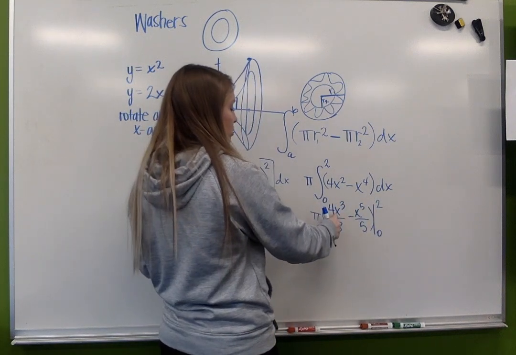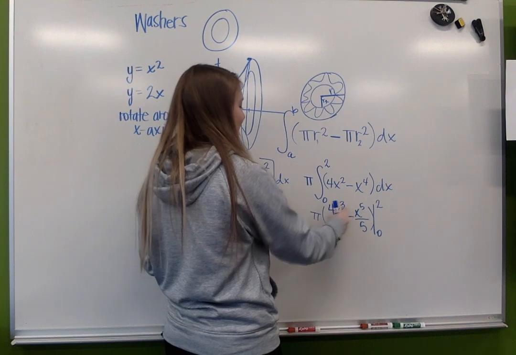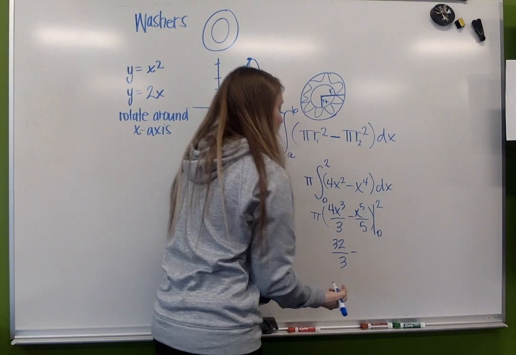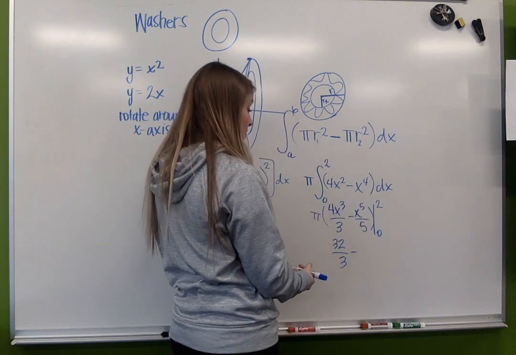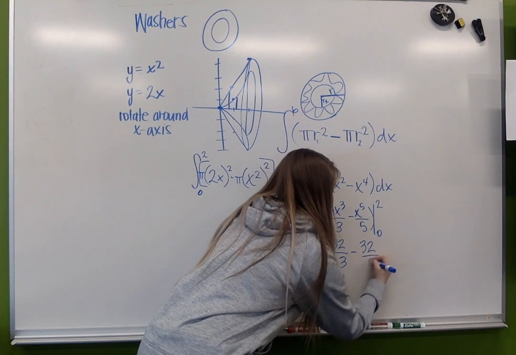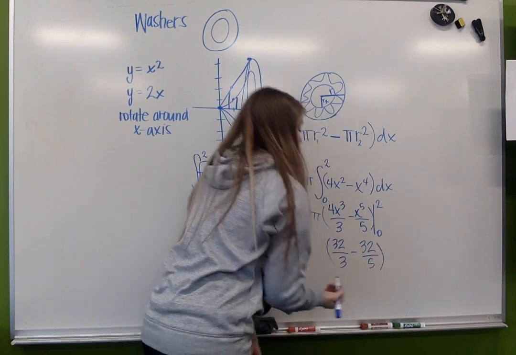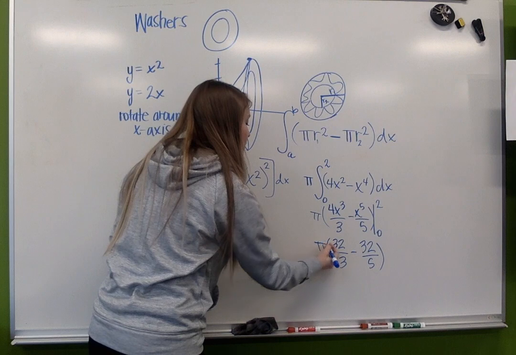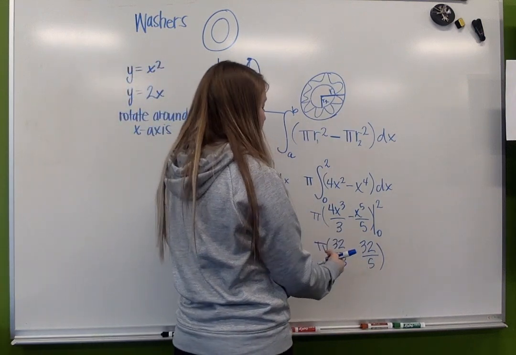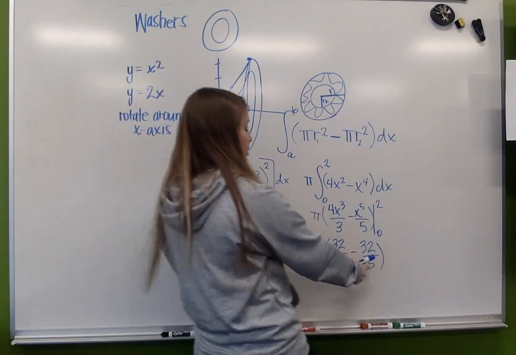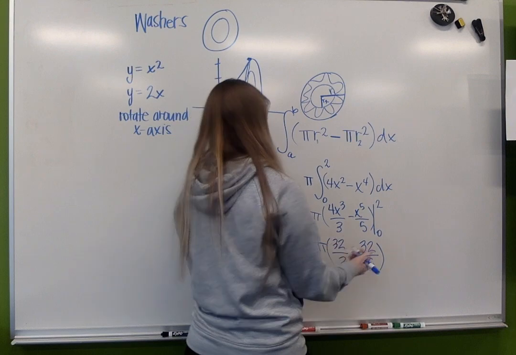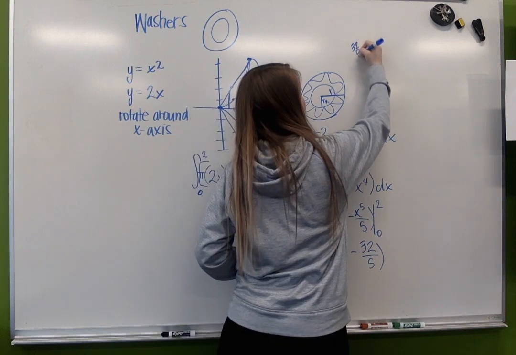If I plug in 2 cubed is 8, so this is 32 thirds minus 2 to the 5th is 32 fifths. All right, so I'm going to get a common denominator. So I'm going to multiply 32 by 5. All right, so 32 times 5.